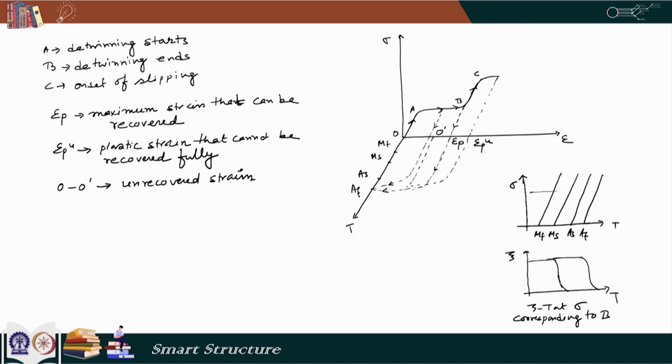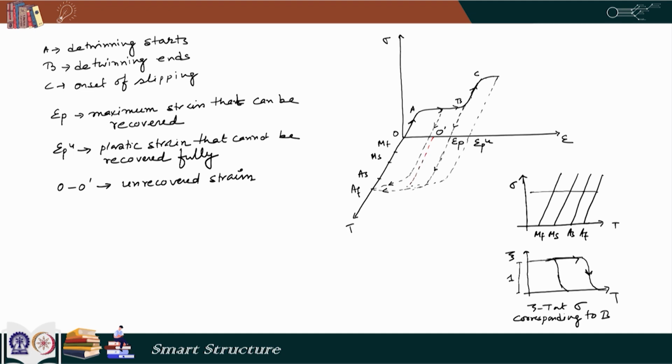Initially xi was 1 because it was martensite, and then it follows this. As the temperature increases, xi decreases, and once it crosses this here, it becomes 0. So, it becomes fully austenite.